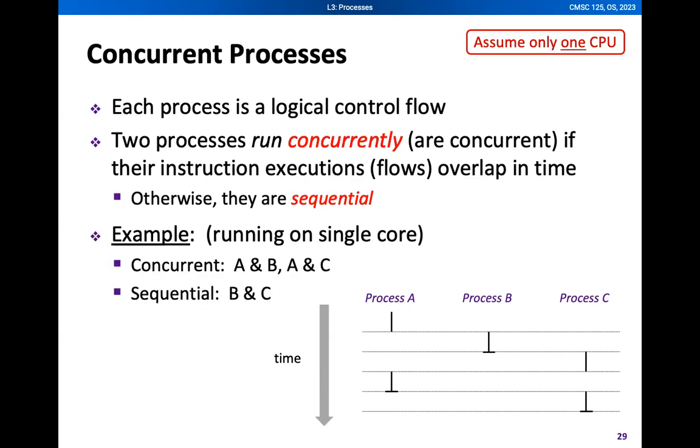So we can say here that the concurrent processes are A and B, and A and C also, while B and C are sequential. Why is this the case? For example, process A starts here, and then at some point it gets preempted and suspended. Then process B takes its turn and runs for a certain period of time.